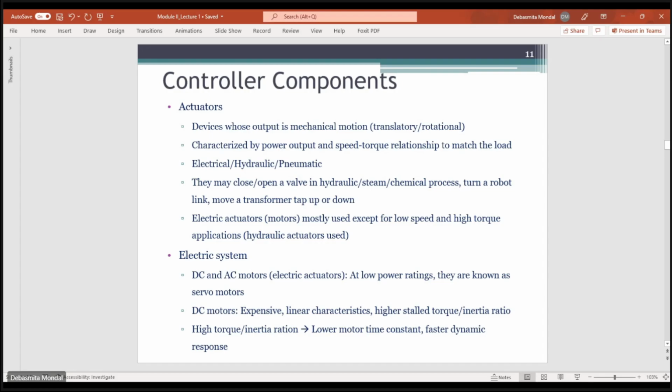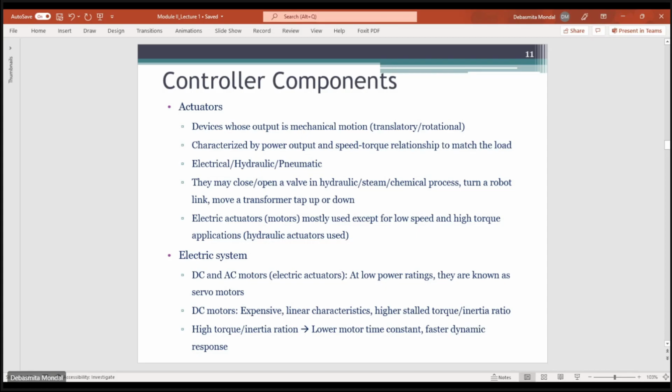In general, electric actuators, or rather motors, are used because they are very flexible. Flexible in the sense that electric power can be transmitted over a long distance through cables very easily. Also, the speed-torque characteristic of a motor is very linear, which is a very desirable characteristic.